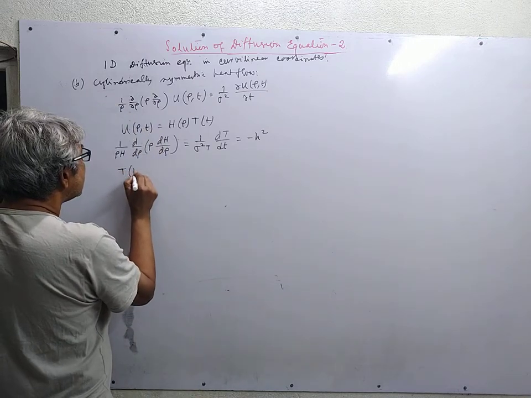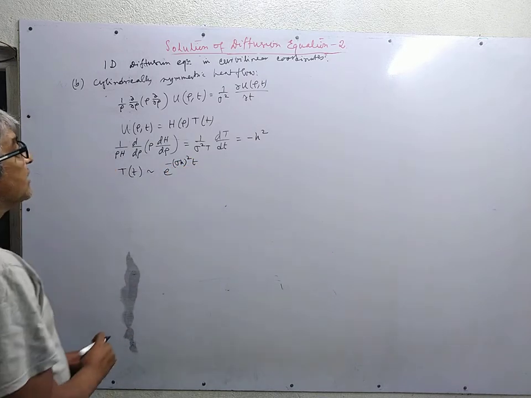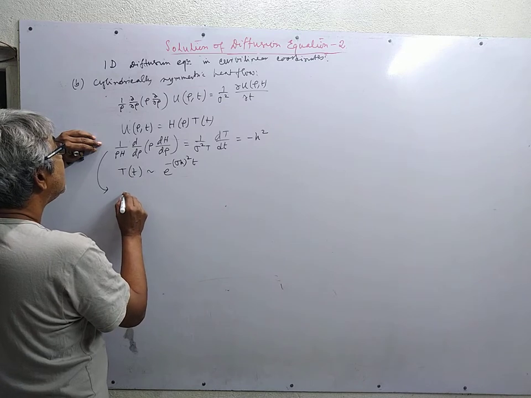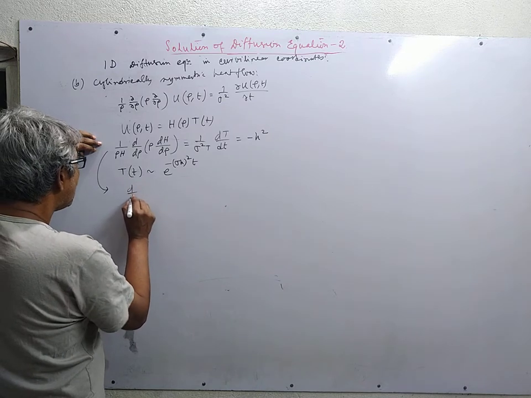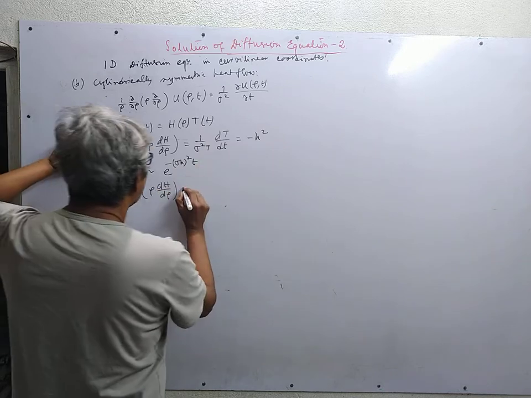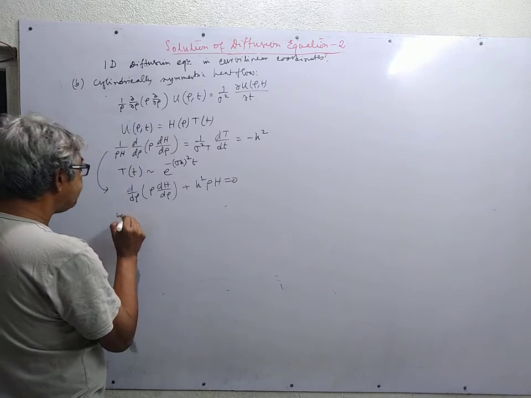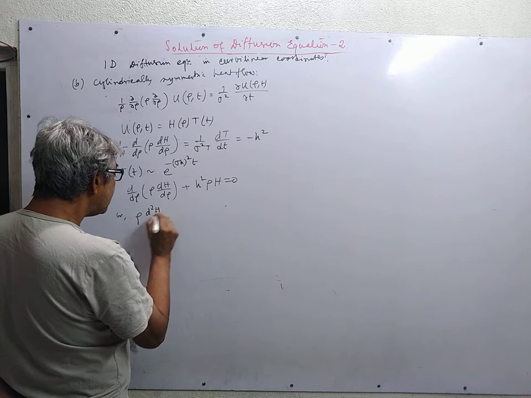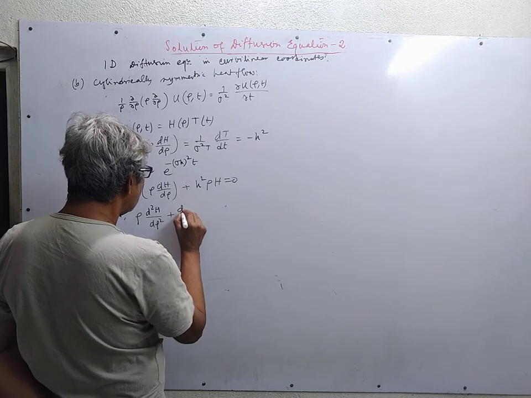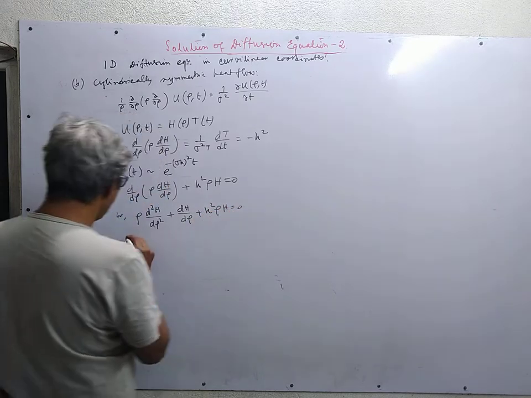Obviously the t solution as we obtained is e to the power minus sigma k square t, and this rho equation becomes d d rho of rho dh d rho plus k square rho h is equal to 0, or this is rho d2h d rho 2 plus dh d rho plus k square rho h is equal to 0.